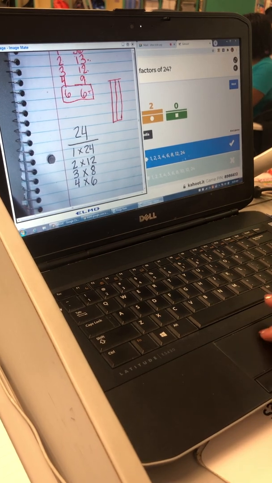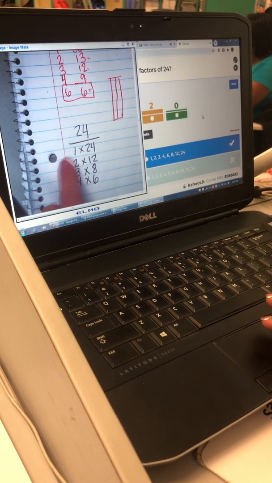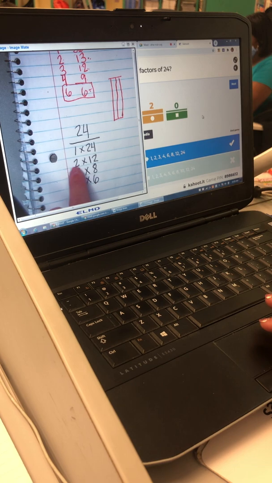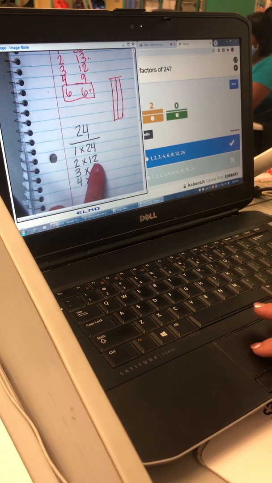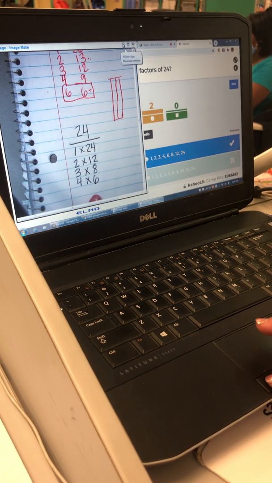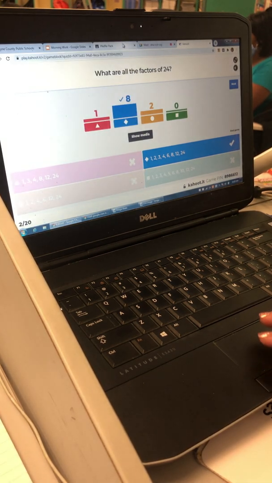So if we go back over here, we have 1 and 24, 2 and 12, 3 and 8, and 4 and 6. So when you see factors, you say, what do I multiply to get that number?